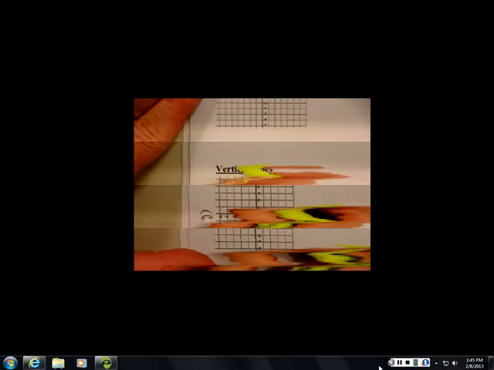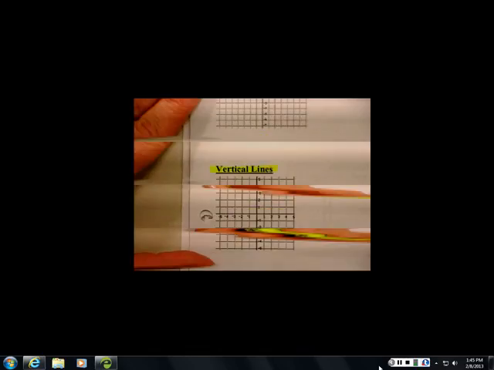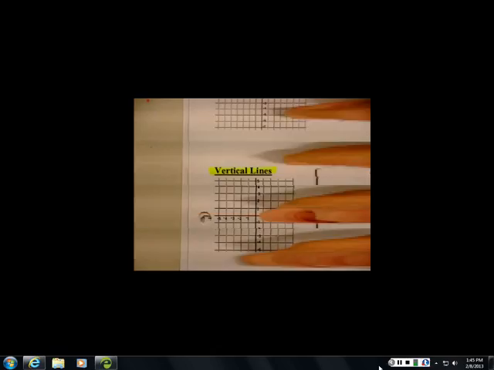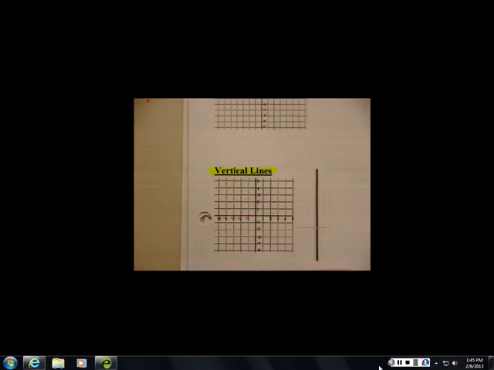Okay, let's talk about vertical lines and horizontal lines. I want you to think, a vertical line means the line is going to go up and down, right, like this. So let's say that I have my vertical line here. What x value is it cutting through?